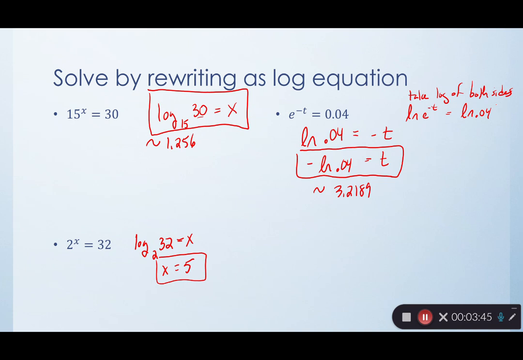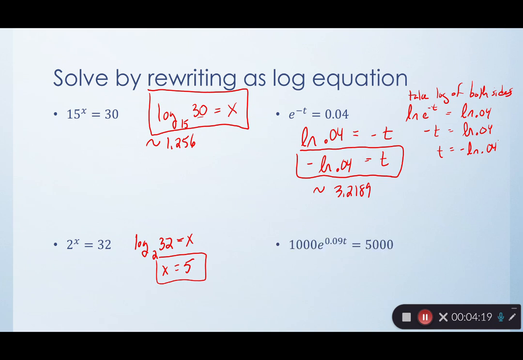And then we know ln of e to the negative t, you can think of that either as, hey, I'm going to have the power rule, so I'm going to pull that negative t out front, and I know ln of e is 1. Or we can say straight up, I know ln of e to the negative t is negative t. So this would say negative t is equal to ln 0.04, so t is negative ln 0.04. But what we're really doing is rewriting as a log.